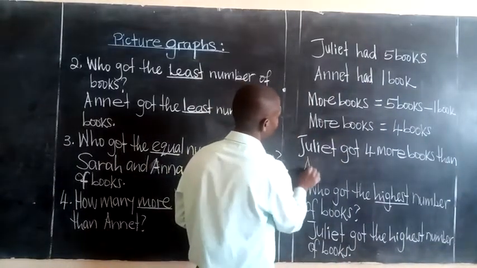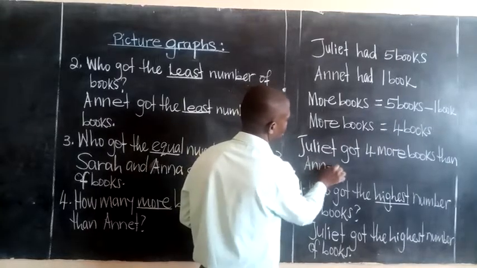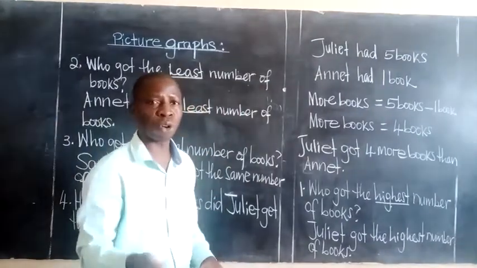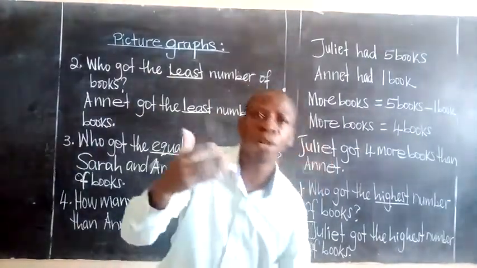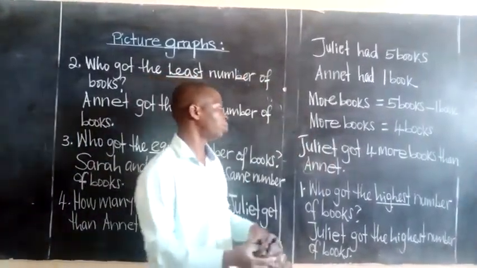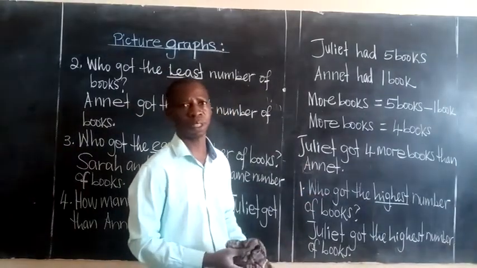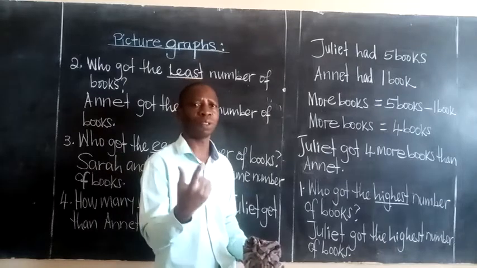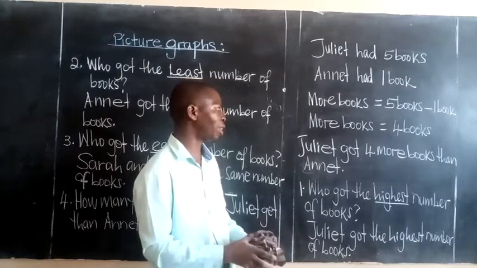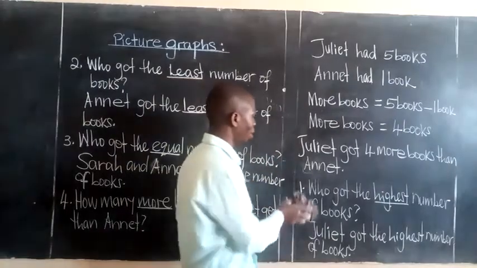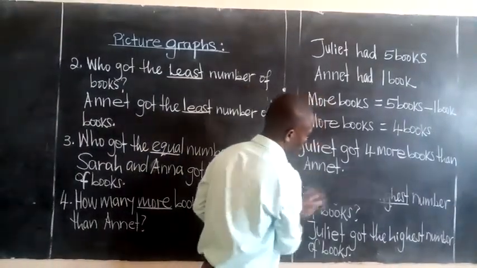Than Annette. In other words, in Luganda we say yamusingako ebitabo bimeka? Yamusingako ebitabo bina. They were 4 more books. The other one got 5, this one got 1. So if you try to calculate, you realize that Juliet got 4 more books than Annette.